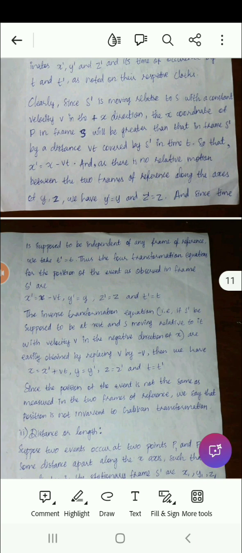So time is independent of any frame of reference, and we take t dash is equal to t. Thus the four transformation equations for the position of the event as observed in frame S dash are x dash is equal to x minus vt, y dash is equal to y, z dash is equal to z, and t dash is equal to t.